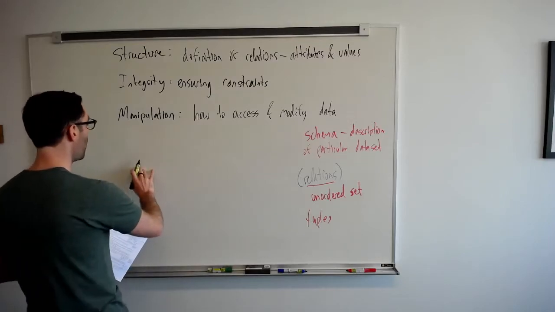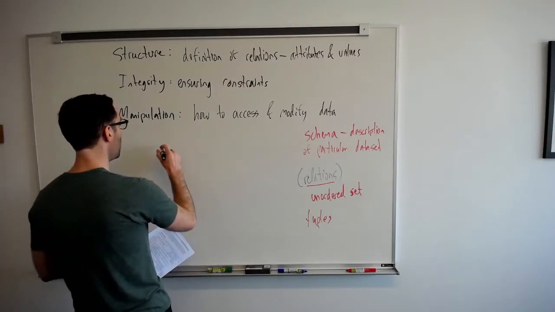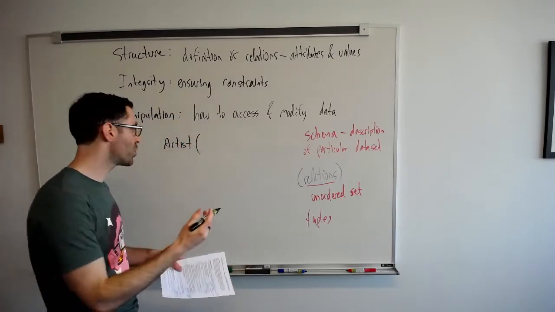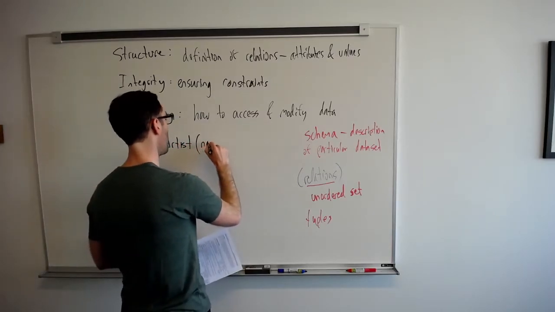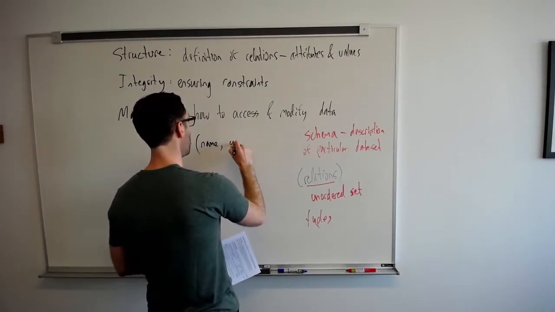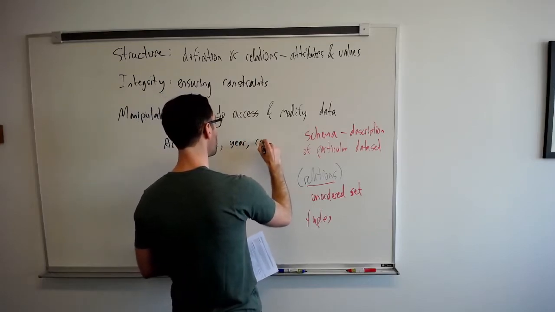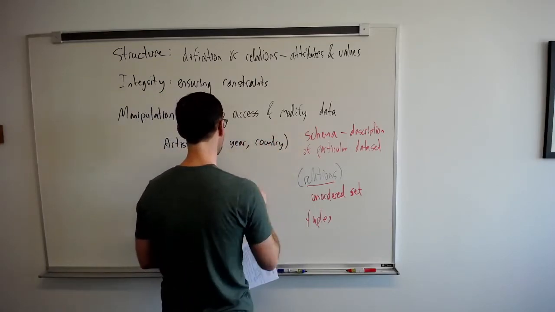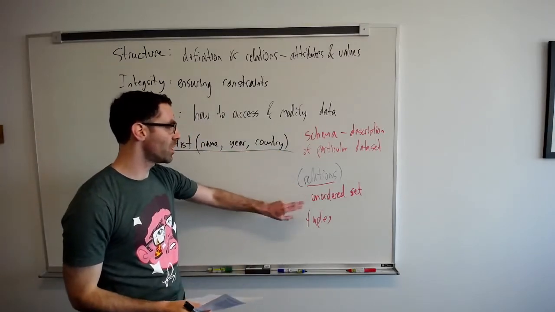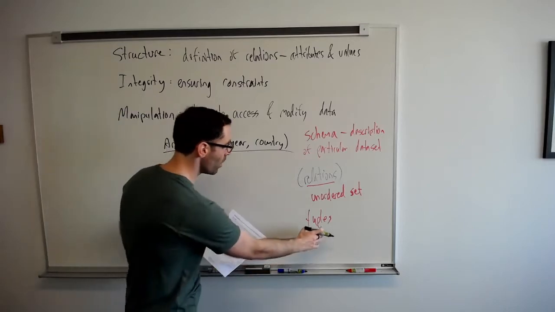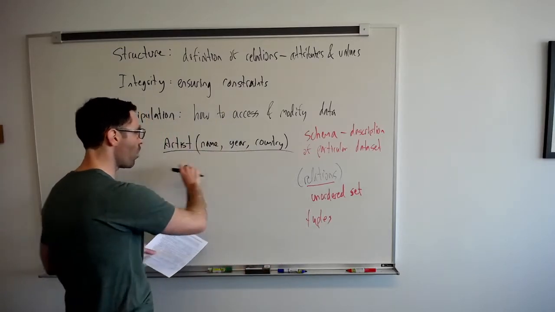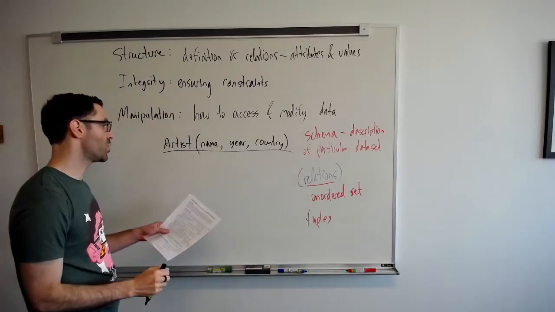And so we might have an artist relation that has a name for the artist, a year that artist started, a country that artist is from. And so that would be the relation. And the relation is an unordered set of tuples. And each tuple is a row in our relation.